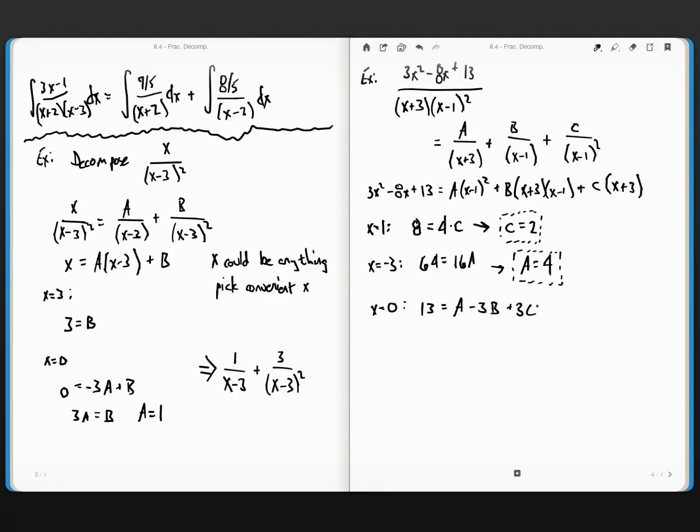So I know that much. But the thing is, I know what a and c are. So 13 equals 4 minus 3b plus 6, and that means 3 equals, so that's 10, so 3 equals -3b, so that finally gives me b equals, I think, -1.